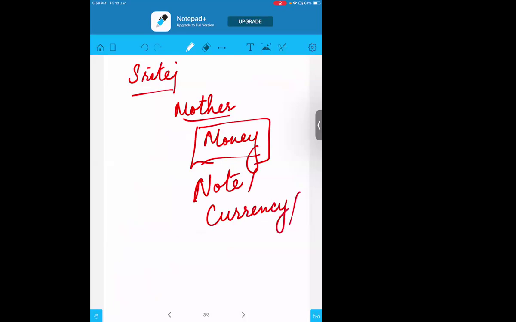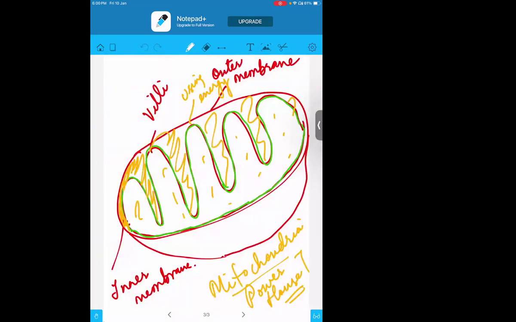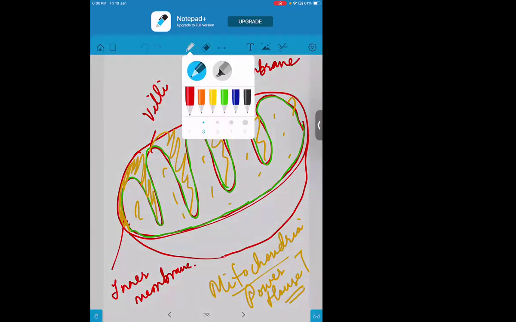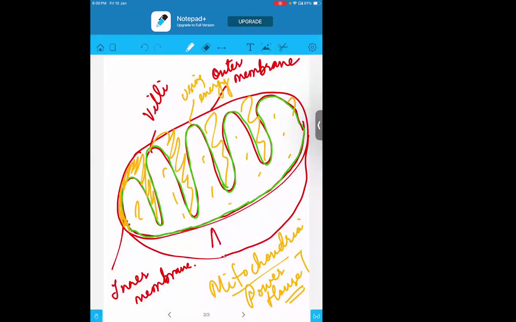Currency can be a paper note, and it can be a coin also. So Shritesh is getting the money in the form of currency, in the form of notes, and then he has a piggy bank. In the piggy bank, he is storing it. In the same way, in the mitochondria, whatever energy they are producing, they are producing it in the form of ATP.